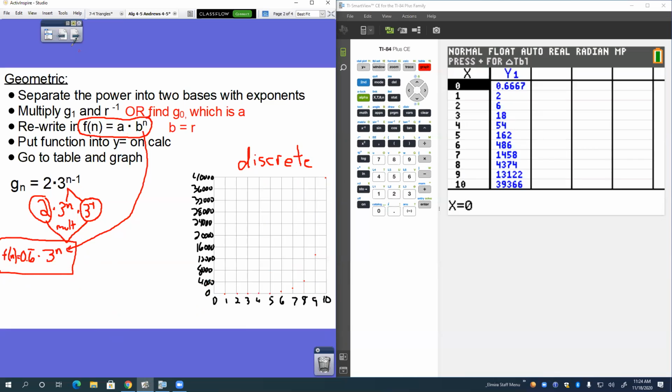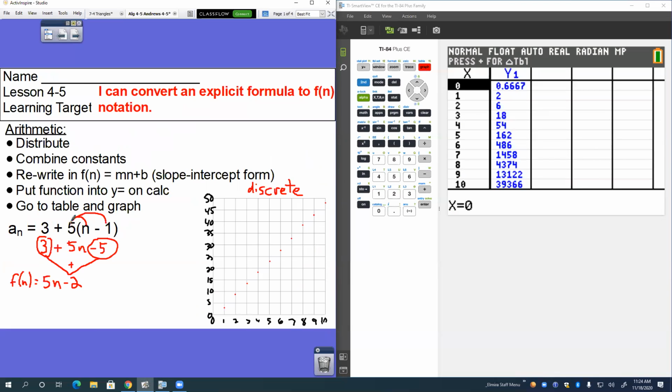So again, what we do for arithmetic is we need to distribute, and then combine our like terms, adding them together. We just bring down the 5n. Notice that our 5n goes first and then our plus or minus, because we want it in this slope intercept form.